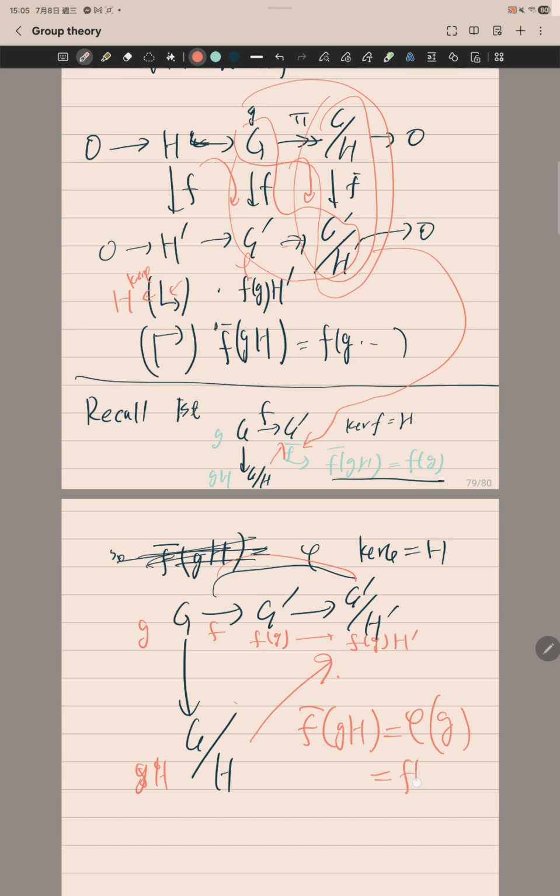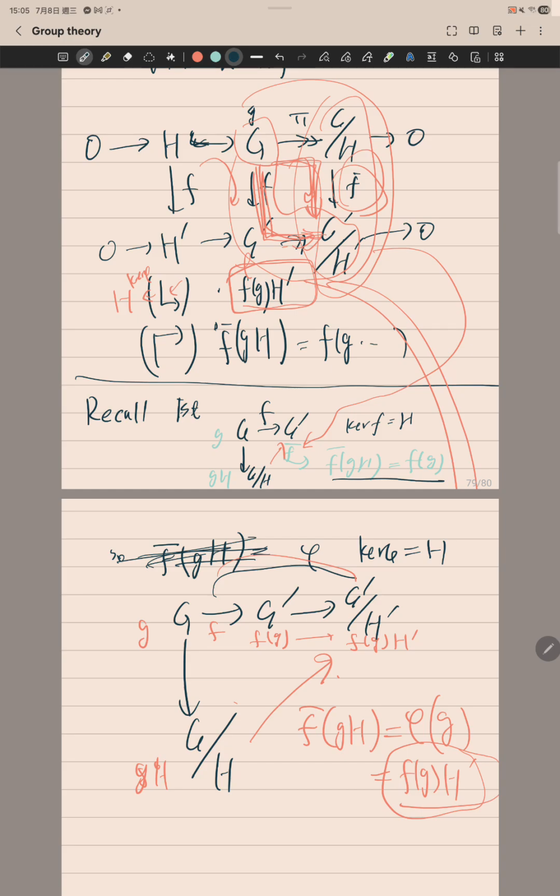So it's defined to be f(g)H prime, which is exactly this. So if you use this L shape, it is the same as this shape by this f bar construction.